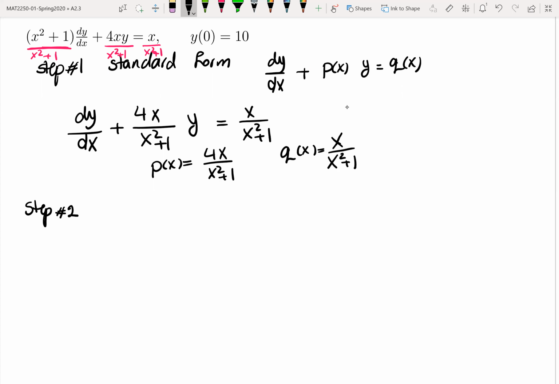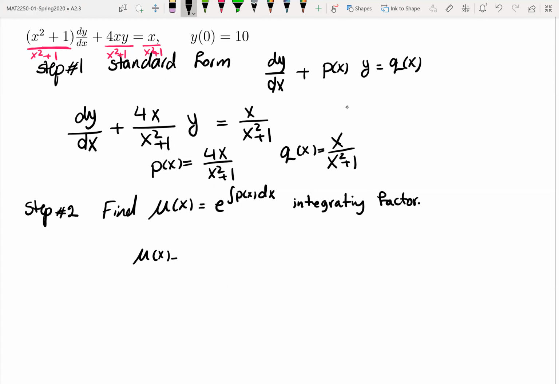Okay, so then find the mu of x, which is always e to the integration of p of x dx, or what we call integrating factor. Okay, so then that should be a little bit nicer integration probably. It's just really natural log, right?